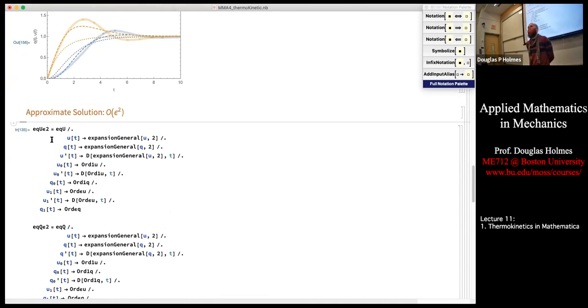Again, I think of these as different tools to solve different problems. It's helpful to think about what MATLAB was designed for and what Mathematica was designed for.